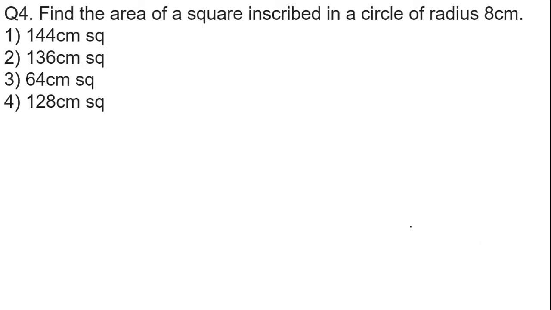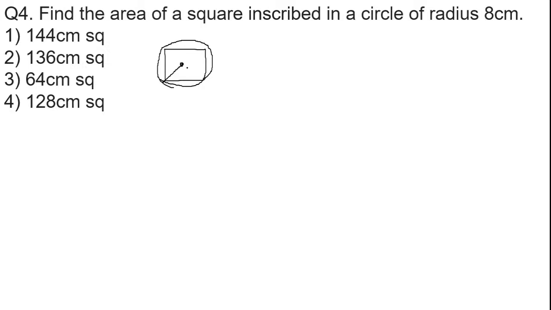What does this mean? It means that there is a square inside a circle. Now this particular square is inscribed in a circle and the radius of the circle has been mentioned.